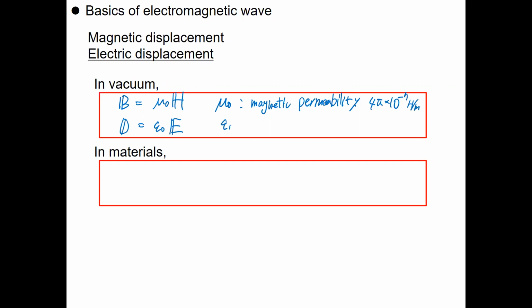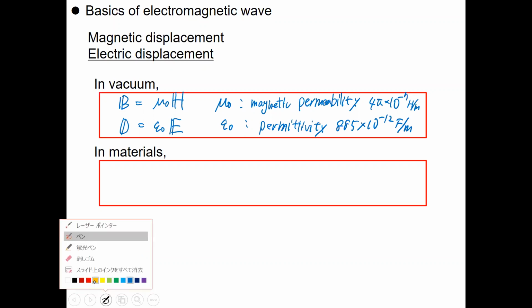And epsilon 0, which is more familiar, in vacuum is about 10⁻¹² farad per meter.